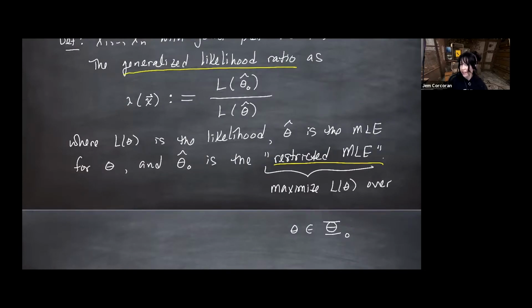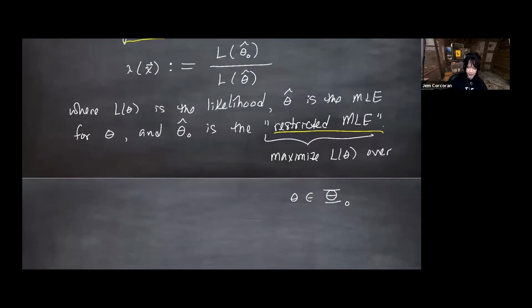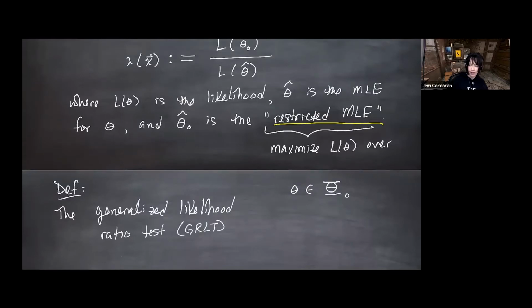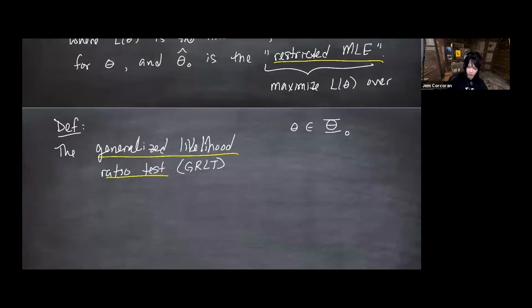So this is the basis for the generalized likelihood ratio test. I guess I have to write this one more time: generalized likelihood. So yeah, this is a second definition, I guess. The generalized likelihood ratio test, or GLERT, says to reject the null hypothesis in favor of the alternative whenever this thing is small.